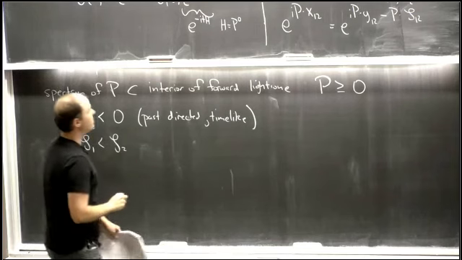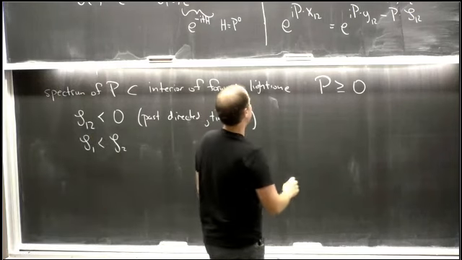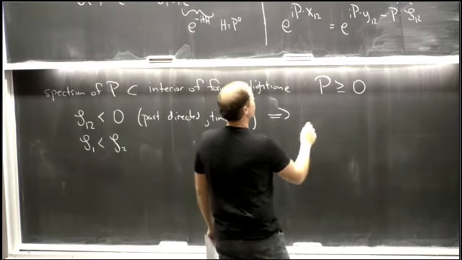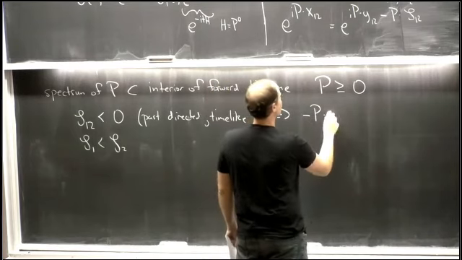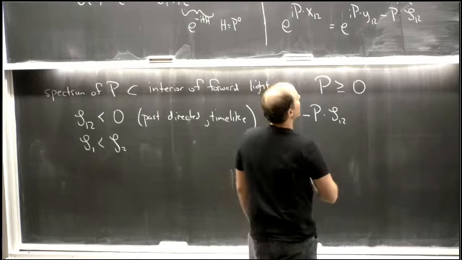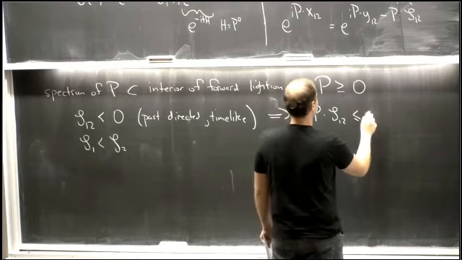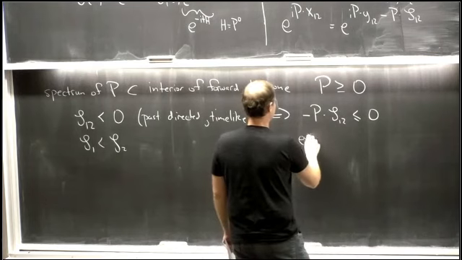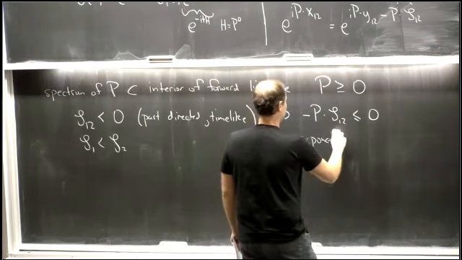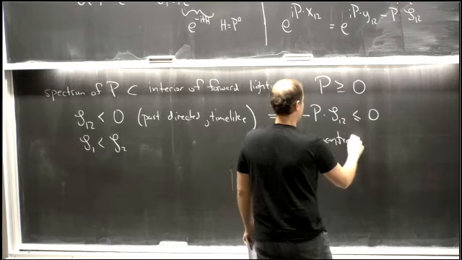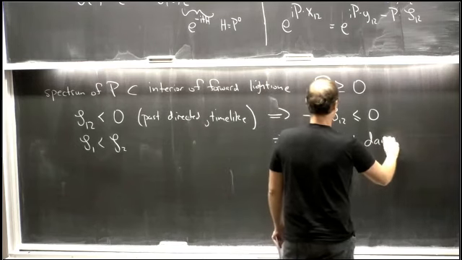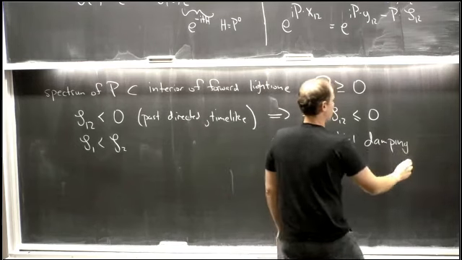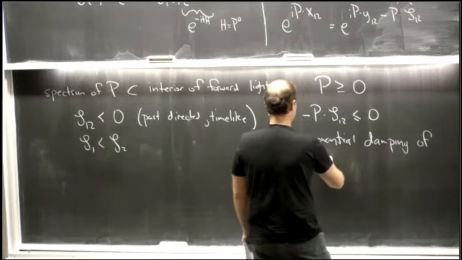So if zeta_12 is past directed and time-like, then it implies that this quantity minus P dot zeta_12 is negative. And that gives us exponential damping of high energy states.